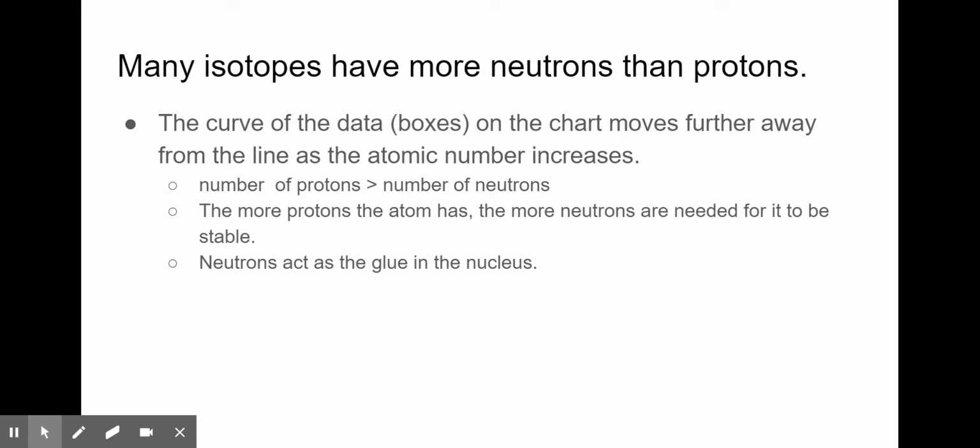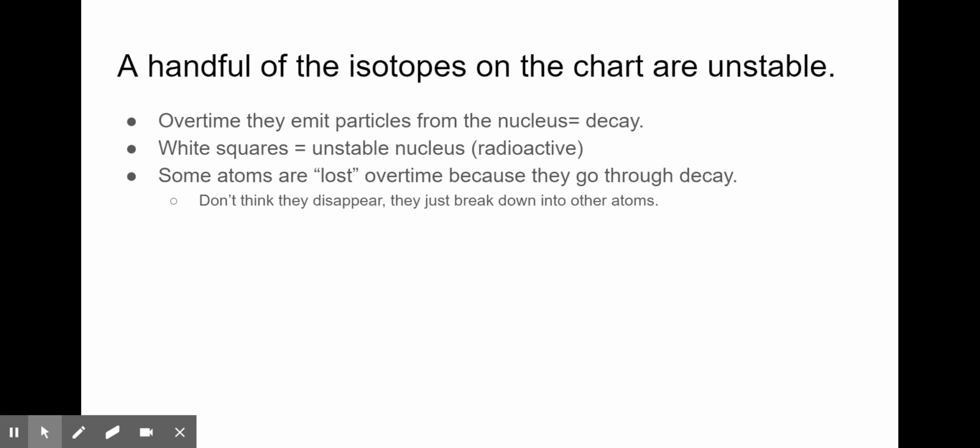The more protons an atom has, or the larger it is, the more neutrons it needs in the nucleus for it to be stable. For the largest atoms, this ratio is going to be close to 3 neutrons for every 2 protons, so a 3-to-2 ratio. One way we can think of this is that neutrons are like the glue or the packing material in the nucleus. They help hold those positively charged particles together.